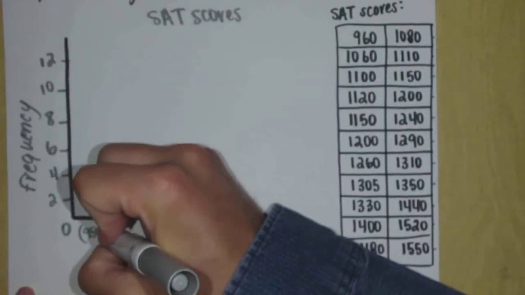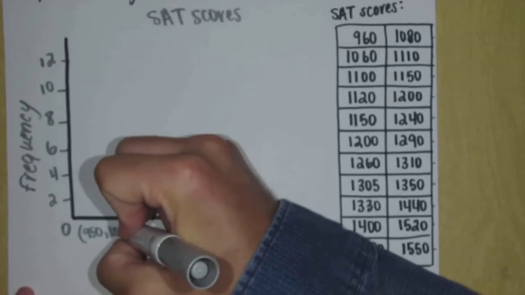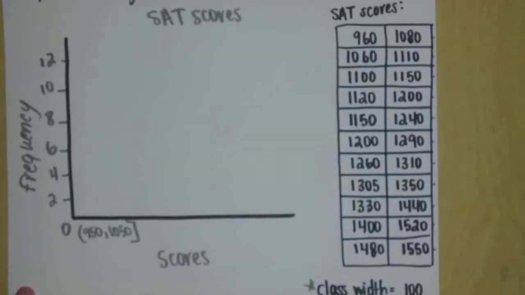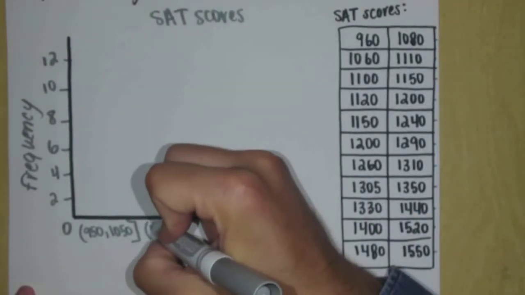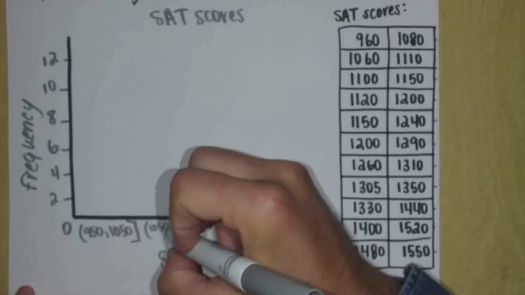950 to 1050. And it already looks like, because these numbers are so large, it's going to be hard to fit everything on here. So I'm not going to change my class width. I'm just going to try to write a little bit smaller. And you might have to look a little bit closer up here.